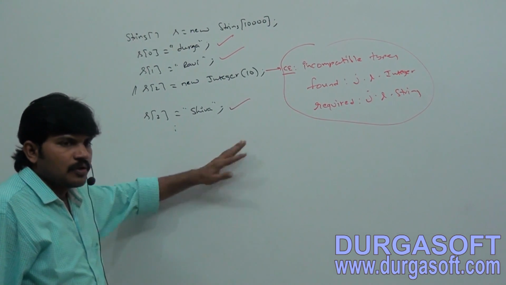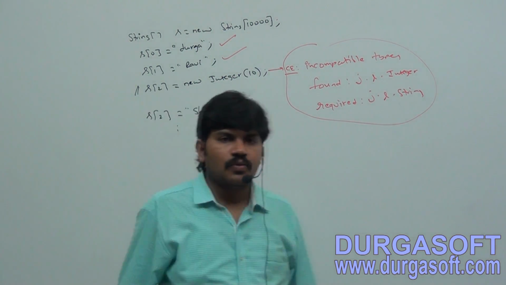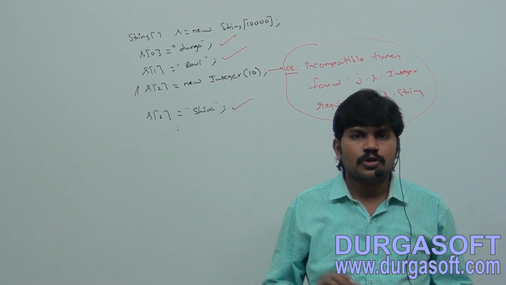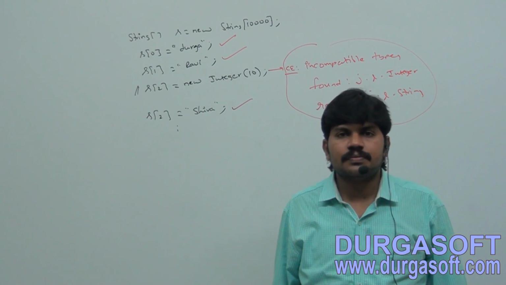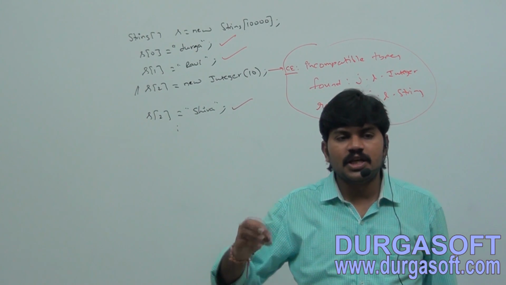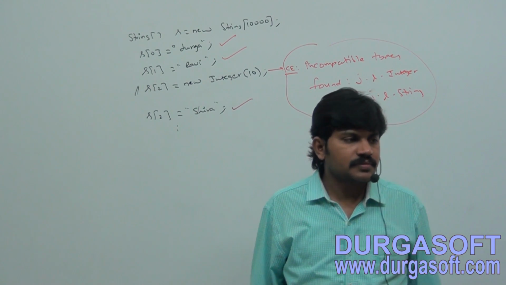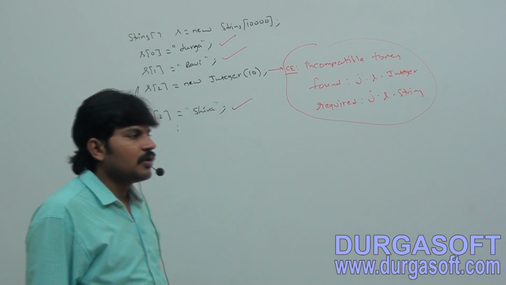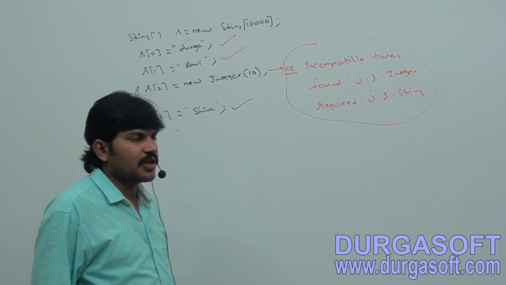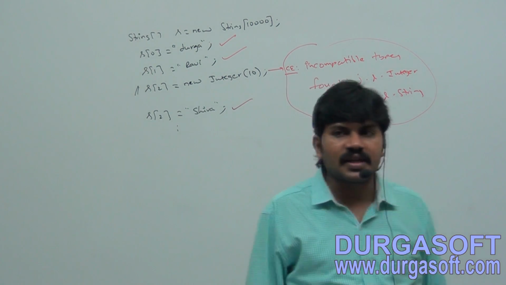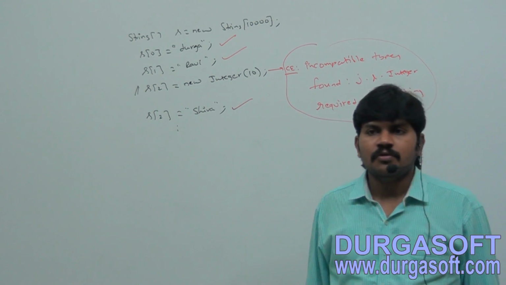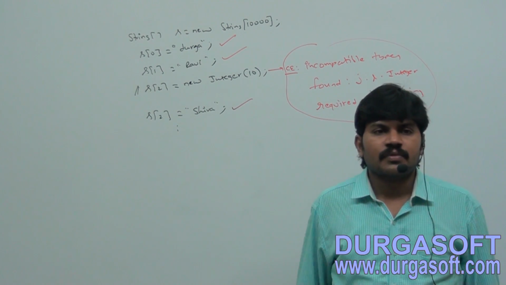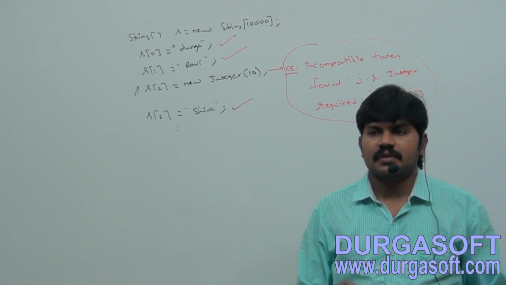Due to this, we can give the guarantee for the type of elements present inside the array.